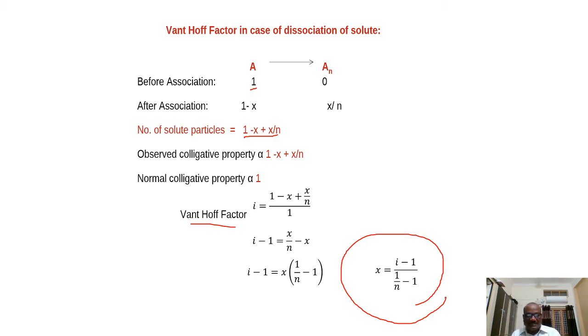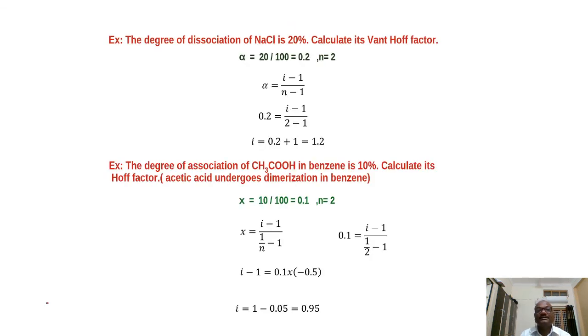That is how it is related with the Van't Hoff factor. x is the degree of association, i is the Van't Hoff factor, n is the number of molecules or particles associating. Dimerization, n is equal to 2. Trimerization, n is equal to 3, like that. There's a relationship between the Van't Hoff factor and the degree of association of solute particles. You can see that is it.